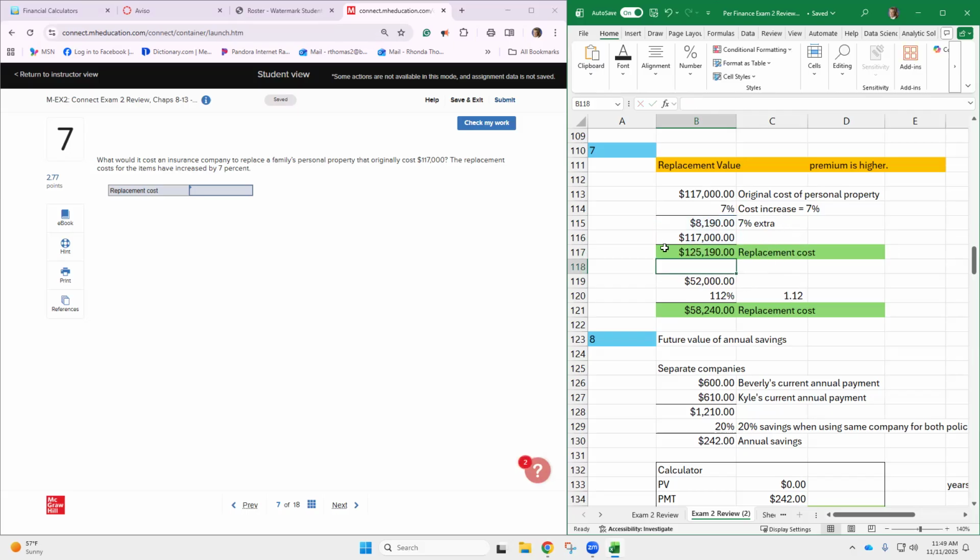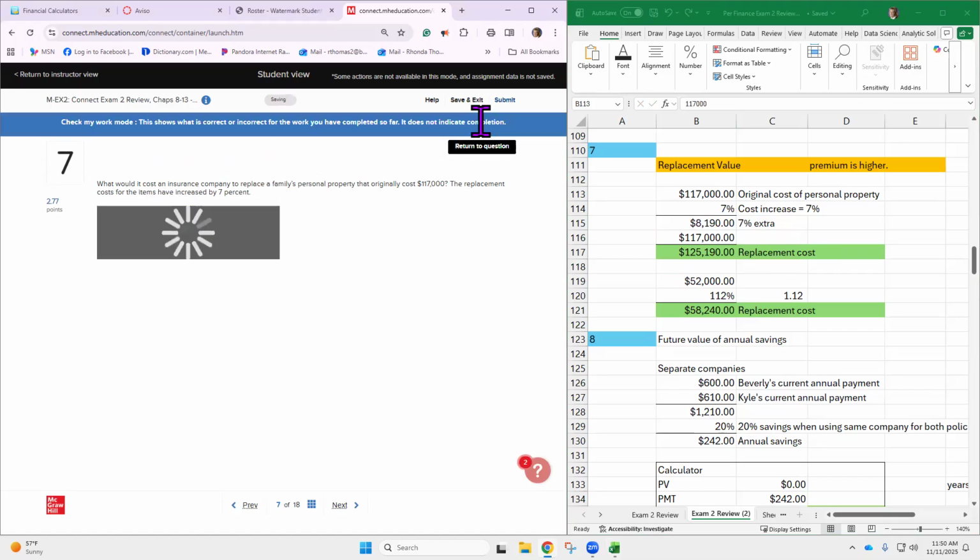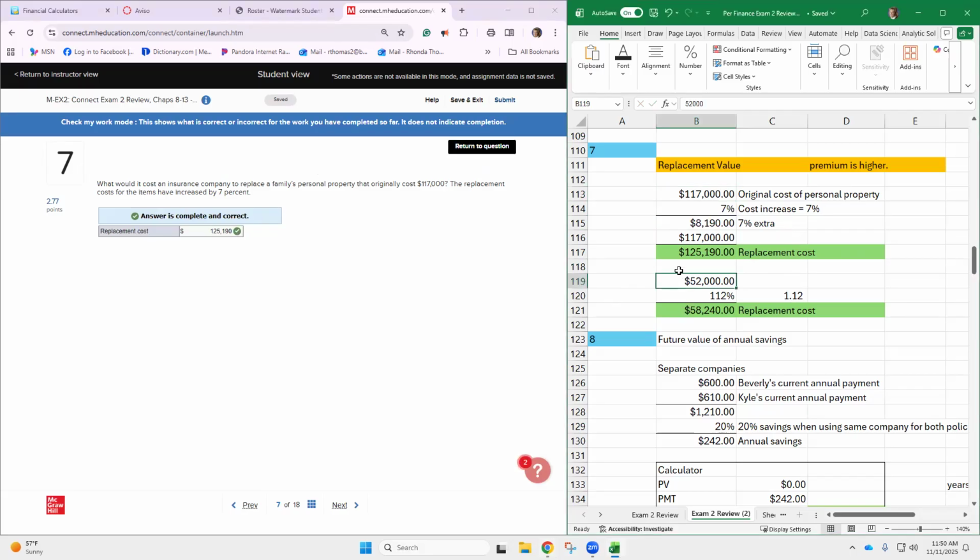So to replace this amount of personal property with an increase of 7%, the insurance company will pay $125,190.